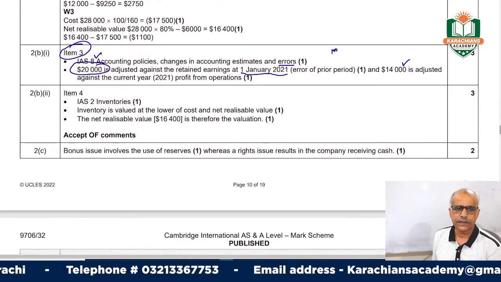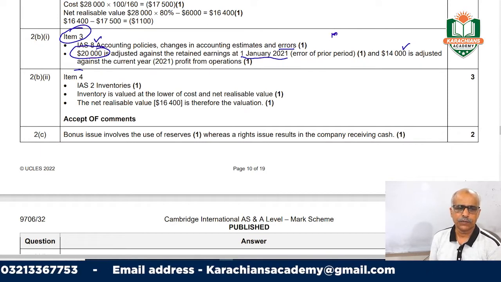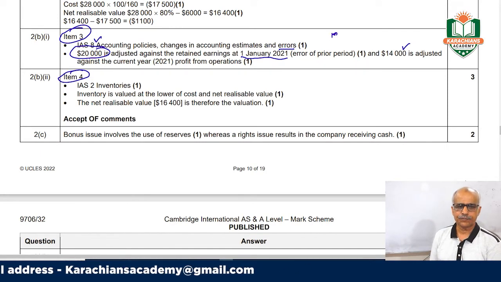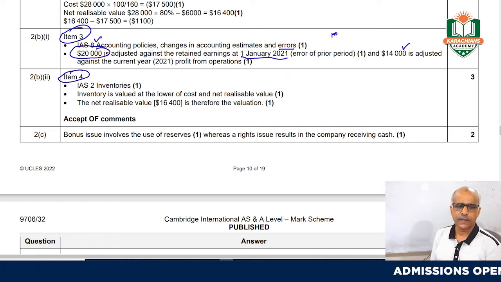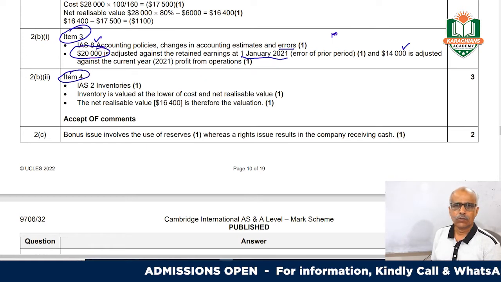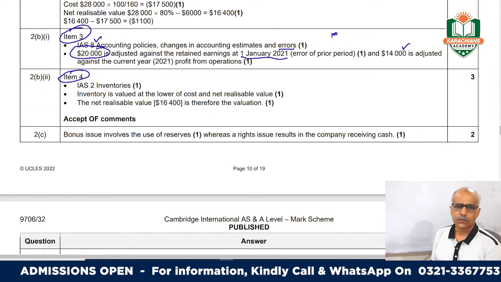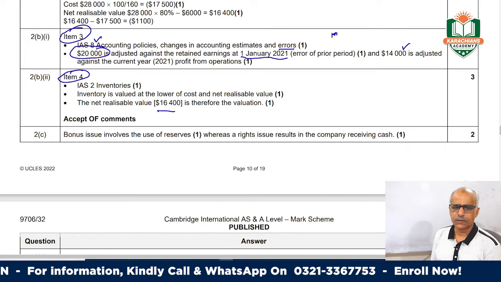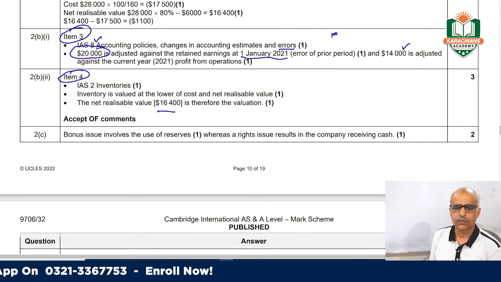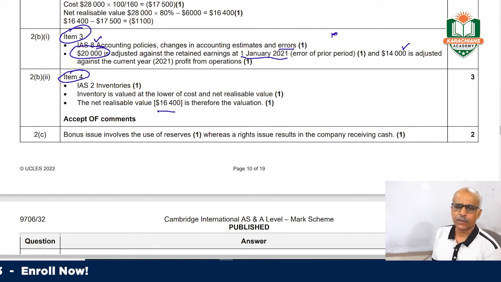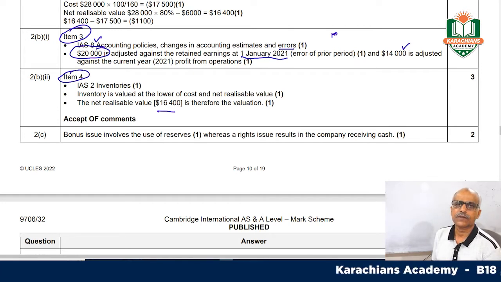And item number 4 relating to the inventory, International Accounting Standard 2, will be applicable here. We know the inventory is valued at the lower of cost or NRV. The NRV was 16,400, and in our closing inventory the value will appear at 16,400, because this is the NRV.